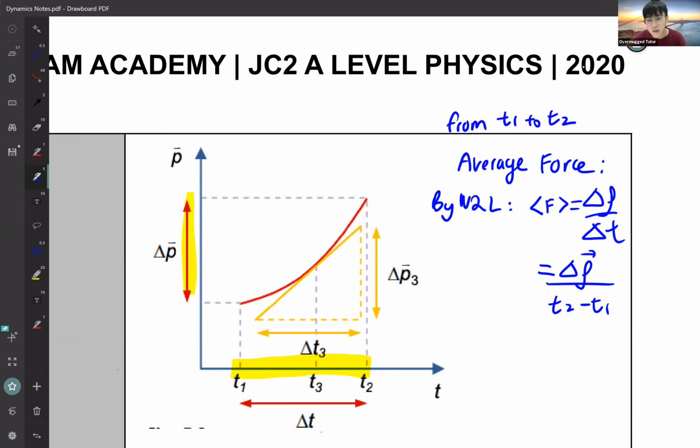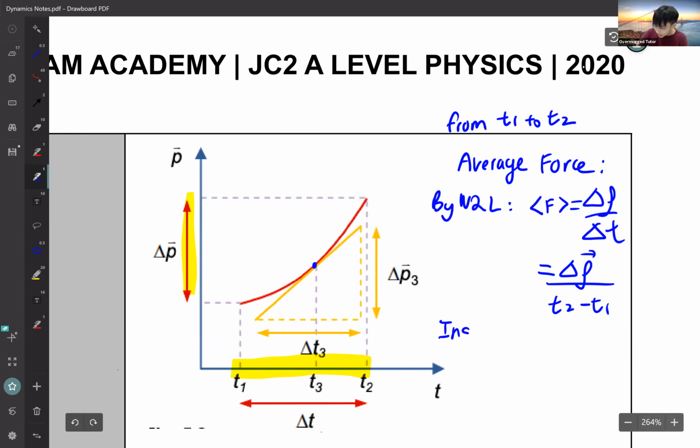On the flip side, if you want to find the instantaneous force at one exact point in time, then you need to differentiate at that point. You know how to differentiate, right? The most basic method is to draw a tangent line to that point of the graph and find the gradient there.